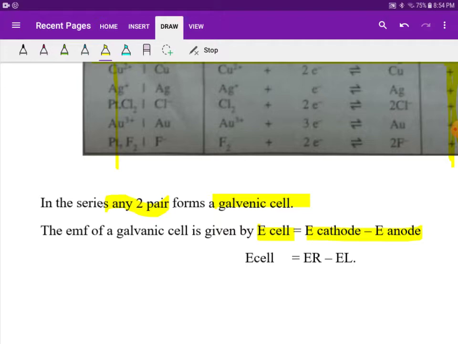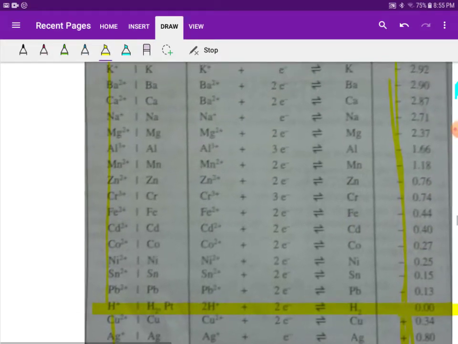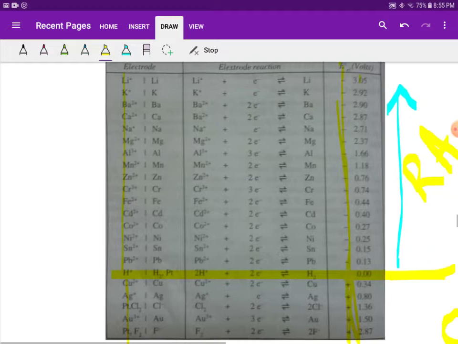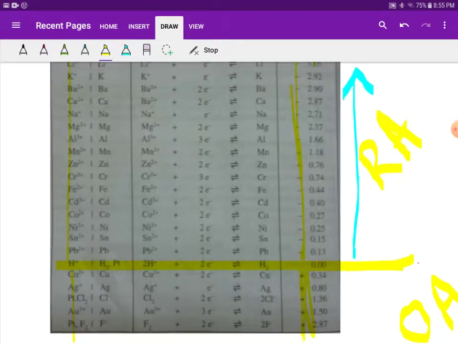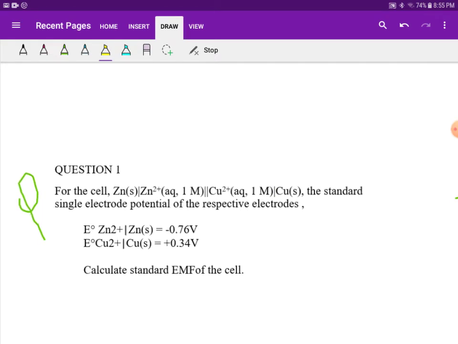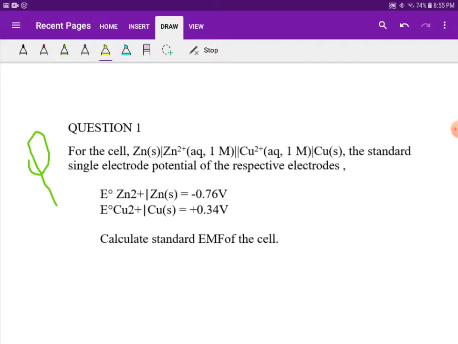This series is also known as the activity series because it is approximately a measure of the reactivity of the metal to undergo oxidation or reduction, hence it is called the activity series. So let us discuss some problems in this connection.